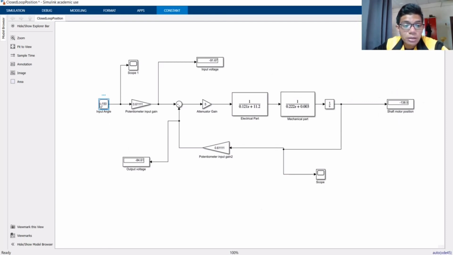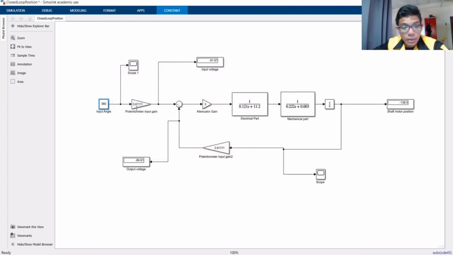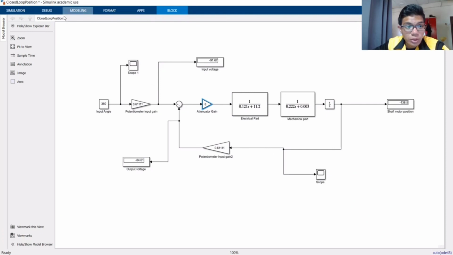Okay, lastly, we must change the input angle to 360, and then the attenuator gain to 8. So we run the simulation. We will get the input voltage equal to 220 volts and the shaft motor position of 311.9.